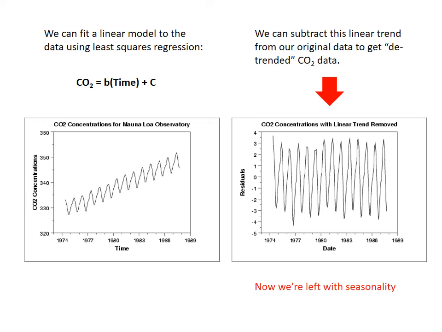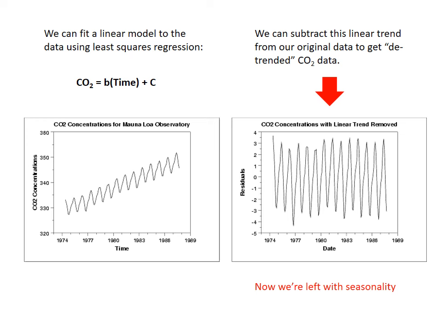So if we identify a pattern that looks like this, where we could fit a line through this oscillating graph, then we can do that via least squares regression, right? The model here would be CO2 concentrations, the dependent variable y, is equal to b, whatever coefficient we come up with, times the time, plus maybe a constant c.